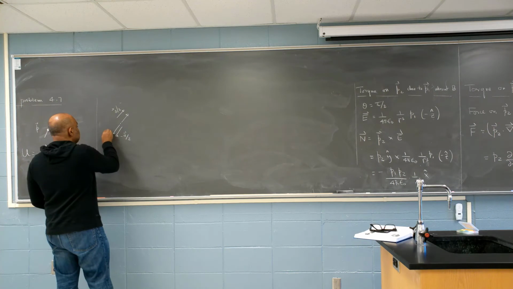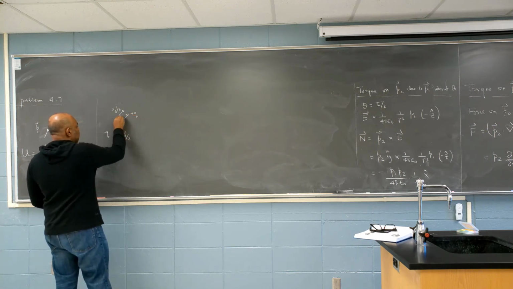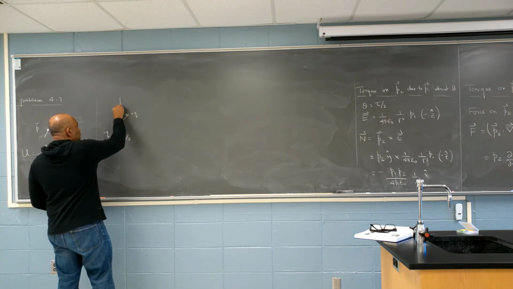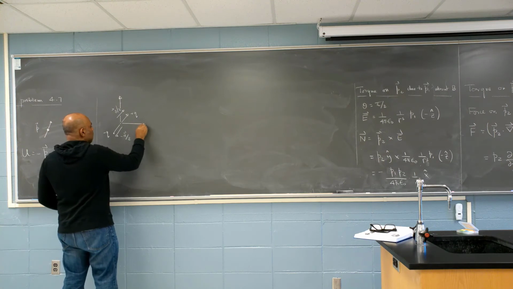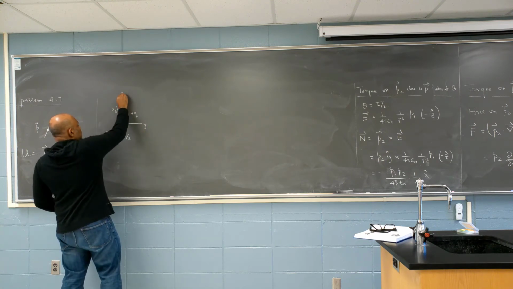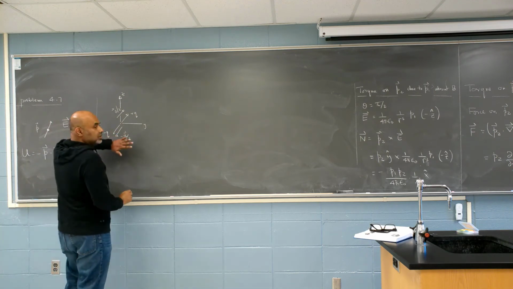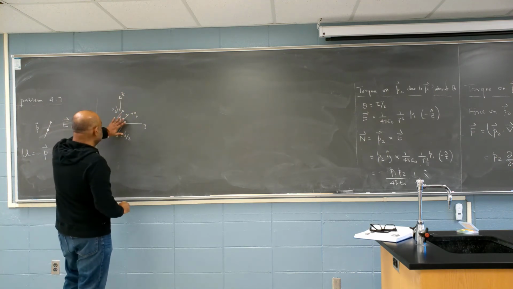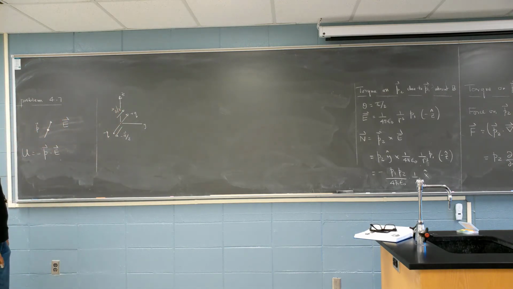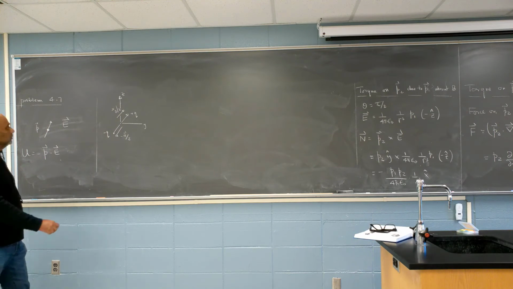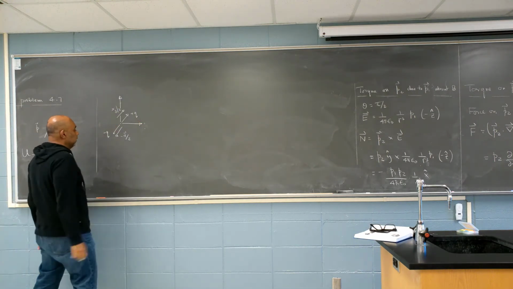There's a charge minus q, there's a charge plus q, and I'm placing my origin at the center. This is not the x-axis, but this is in the zy plane. It doesn't matter. This is the direction of the dipole. In fact, these axes do not really matter, so I'm not going to label them.